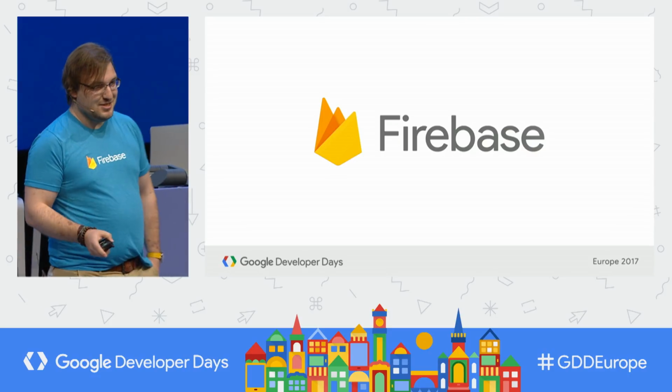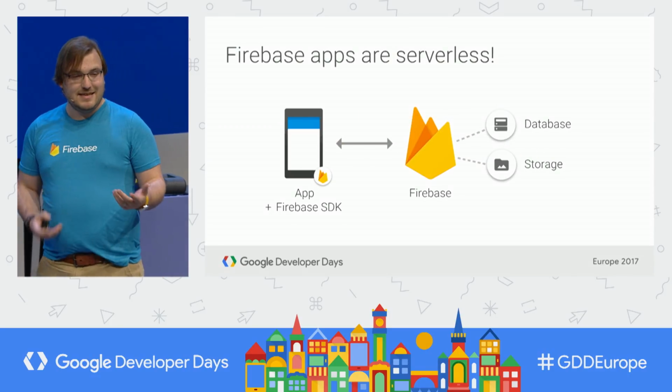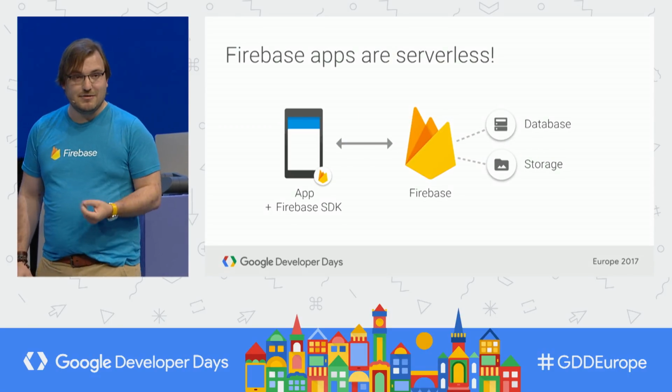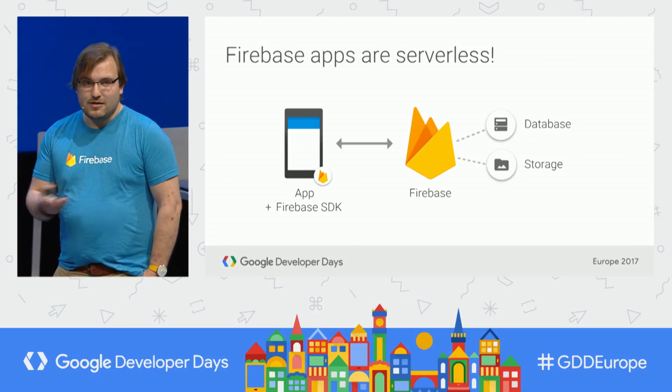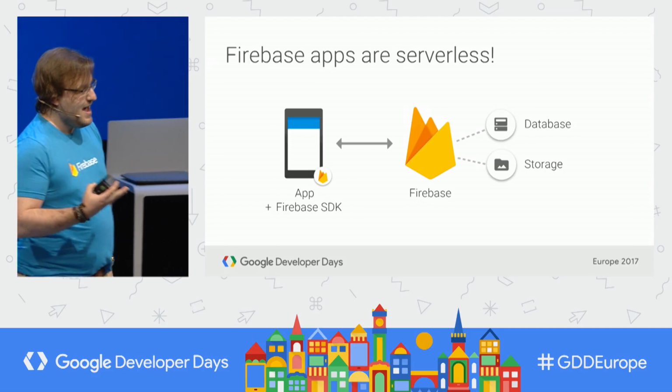Firebase applications. We've written an SDK for you in iOS, Android, mobile web, lots of other frameworks. And that SDK communicates to the Firebase service. There is no intermediary gatekeeper. There's no servers. Google handles all that for you with a suite of tools that are called directly from the SDK itself.